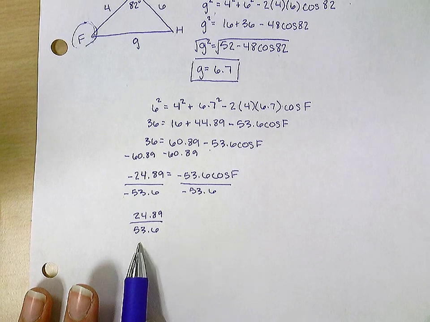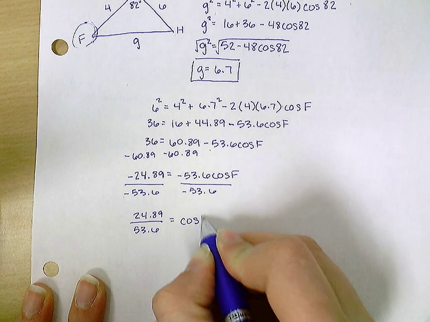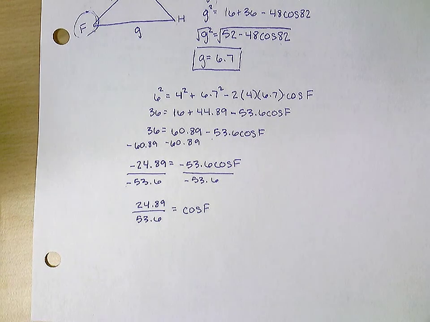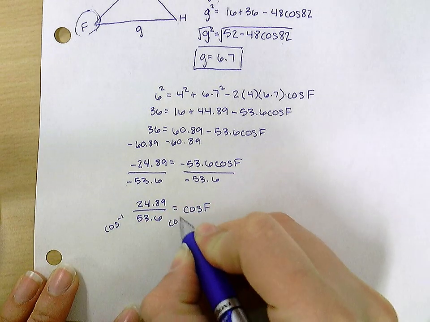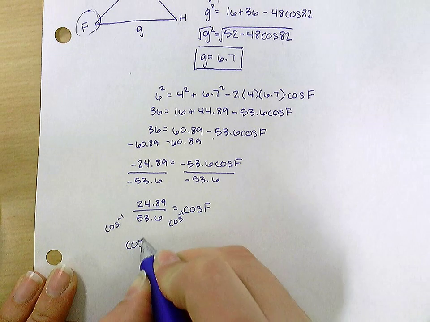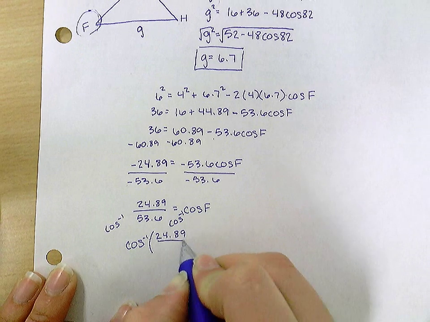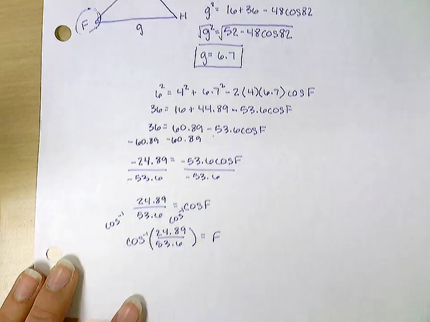So I'm just going to leave it as positive then. And that's equal to the cosine of F. Now if I'm trying to find an angle, what do I do? Inverse. Good. So I'm going to bring in cosine inverse. So I have the cosine inverse of that fraction, 24.89 over 53.6, and that will equal angle F.